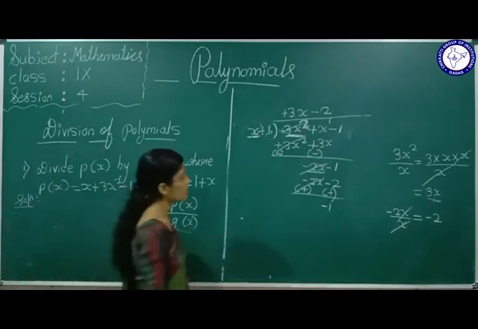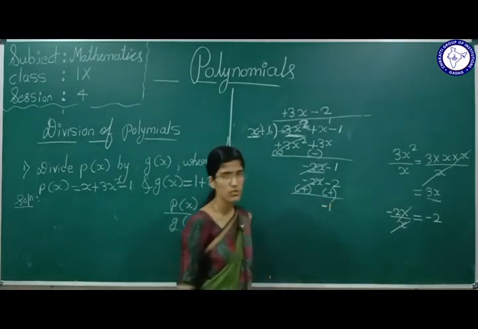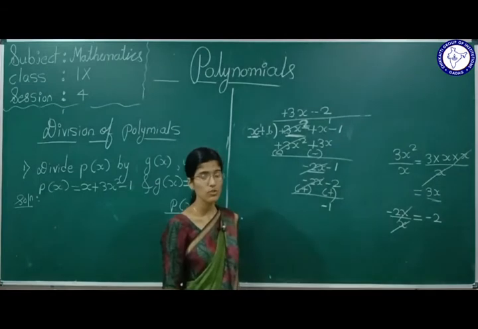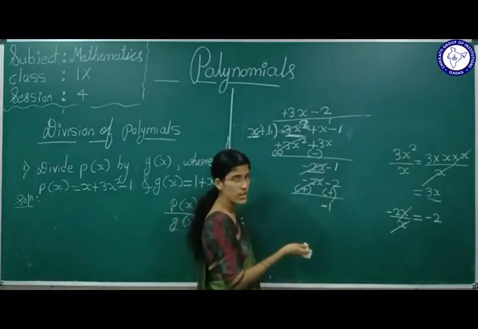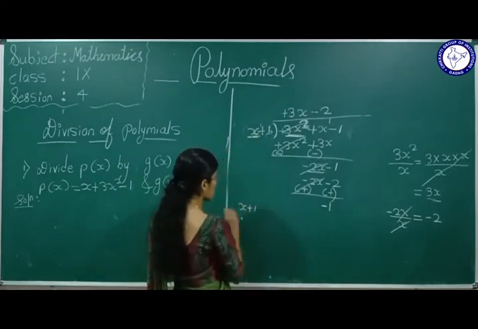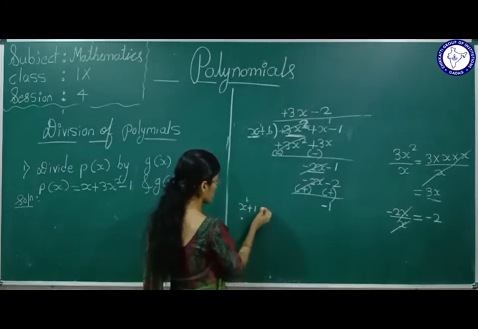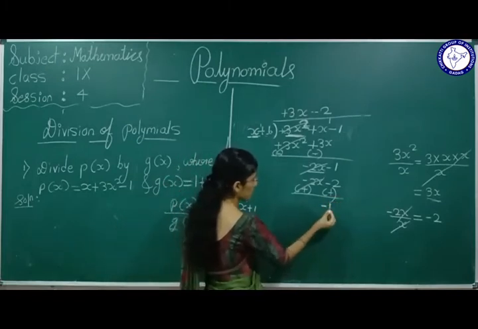Now the question will arise: when do we have to stop this division process? Here, x plus 1, the degree of x plus 1 is 1. Here minus 1 is there.